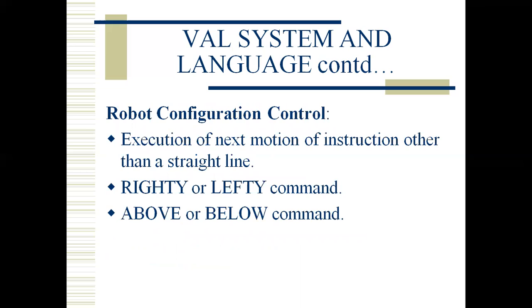Initially, the commands existing in the configuration control are right y, towards the y axis direction in a straight line path movement. That indicates that the tool is to be moved to the right side towards the y axis, or towards the left y, or these can be nominated as above or below.